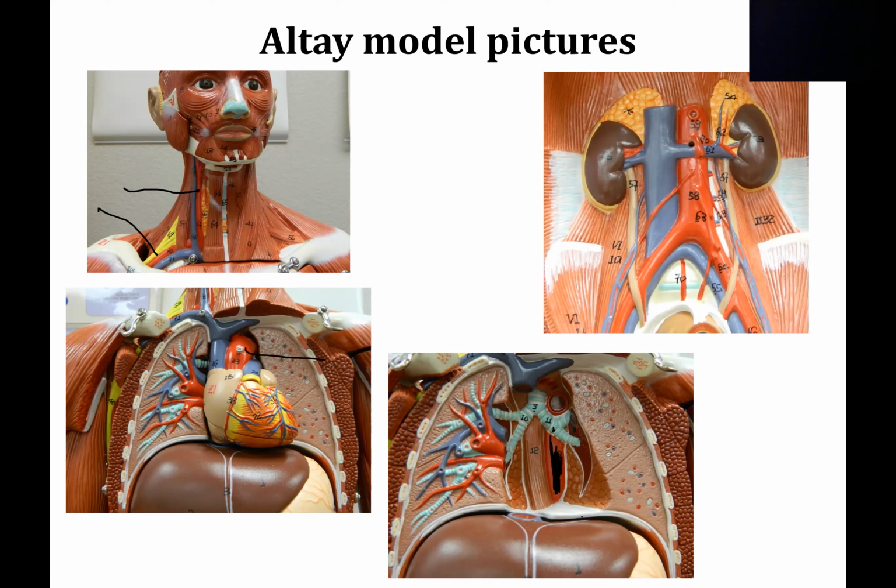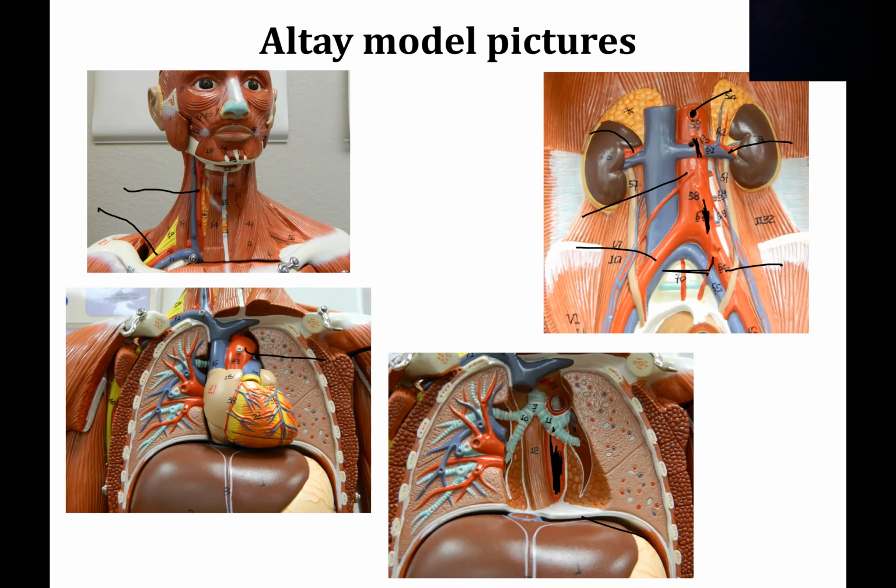down to the diaphragm. You can see the abdominal aorta, the celiac trunk, superior mesenteric artery, inferior mesenteric artery, renal artery, common iliac artery.